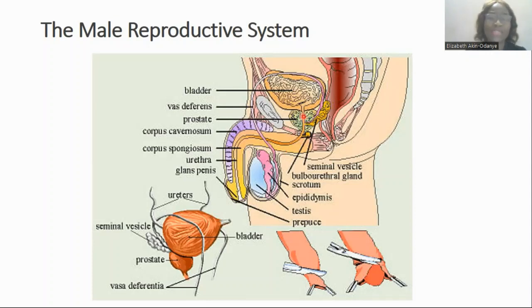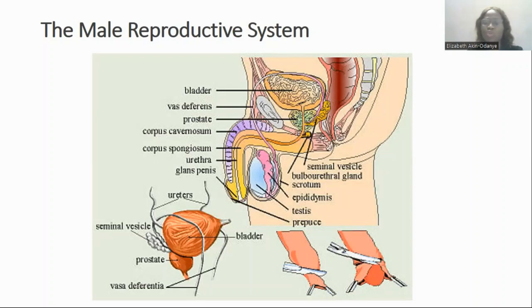So that's how the urethra is conducting urine out of the penis, out of the body, also conducting seminal fluids from the ejaculatory ducts out of the body. And so that's the role of the urethra. It serves as a kind of pipe that channels urine and seminal fluids out of the body.